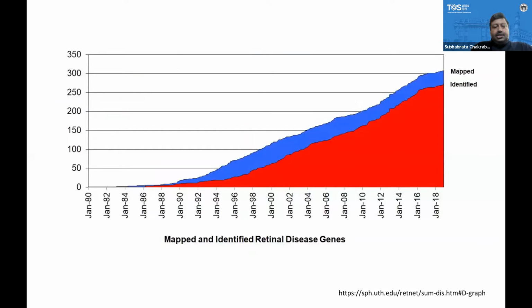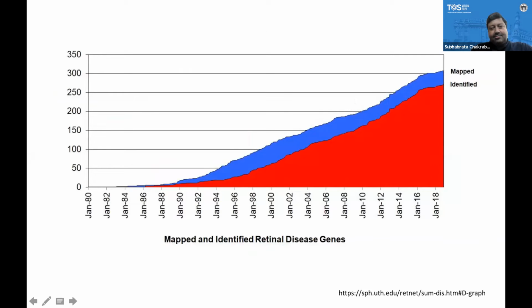Coming into the context of retinal dystrophies, there are multiple genes that have been mapped over the years, starting all the way from the early 80s to the current scenario. We have more than 300 genes that are mapped, of which almost 250 or so are characterized.